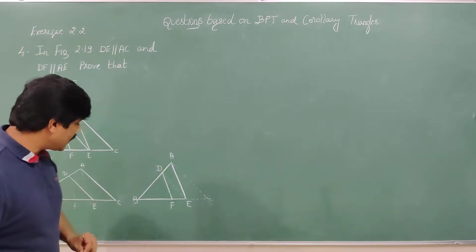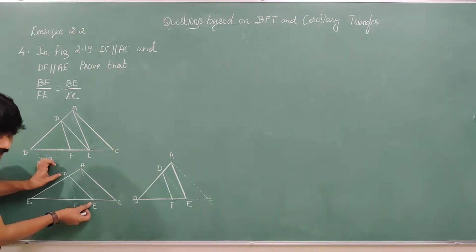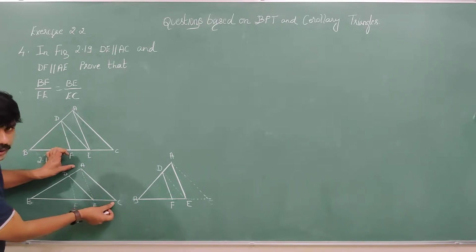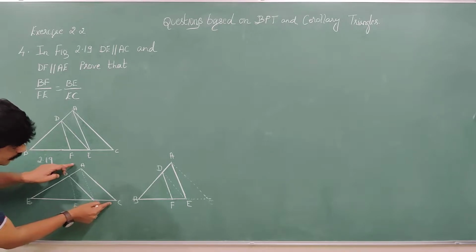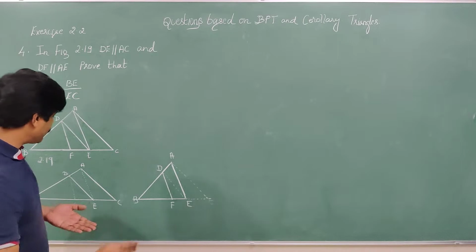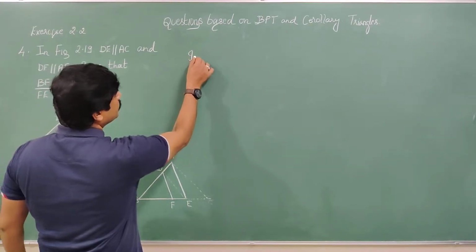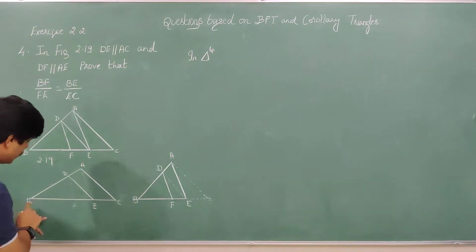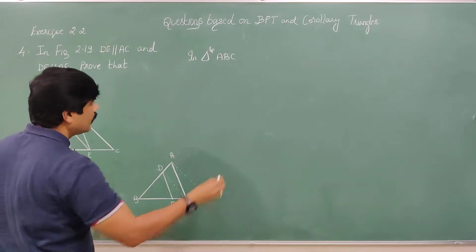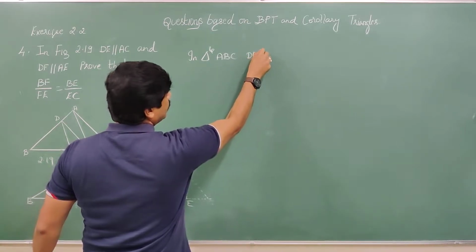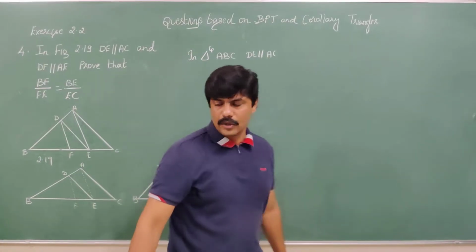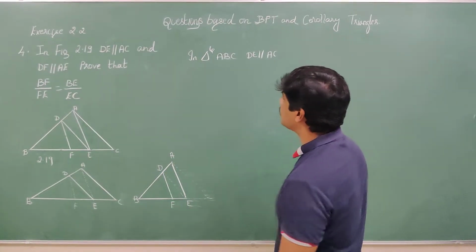From the basic proportionality theorem, you know this is the parallel line. Line DE is parallel to AC, so it divides the other two sides BA and BC in equal ratio. In triangle ABC, DE is parallel to AC.